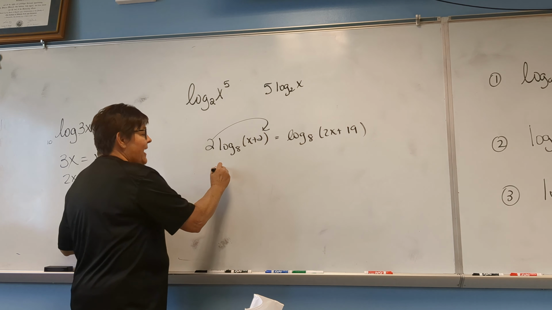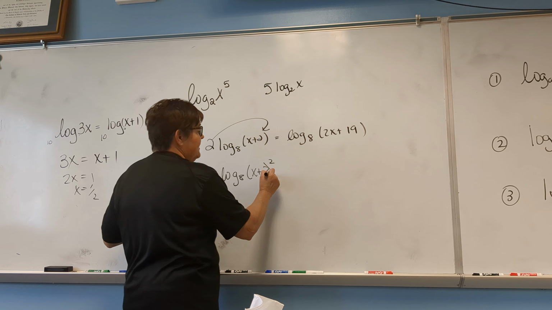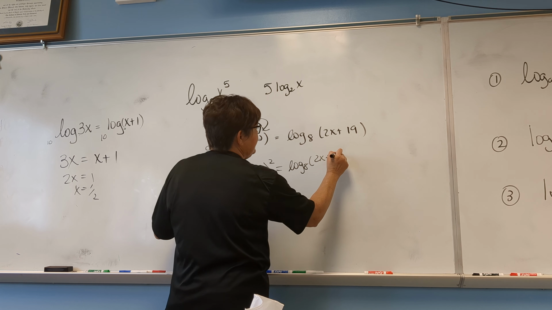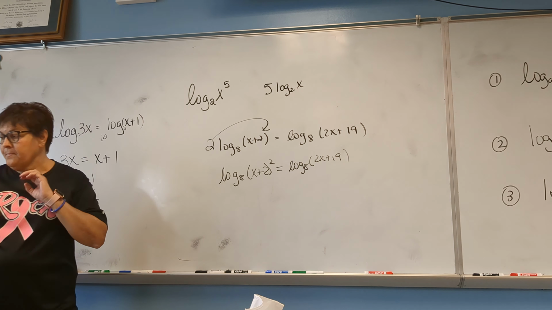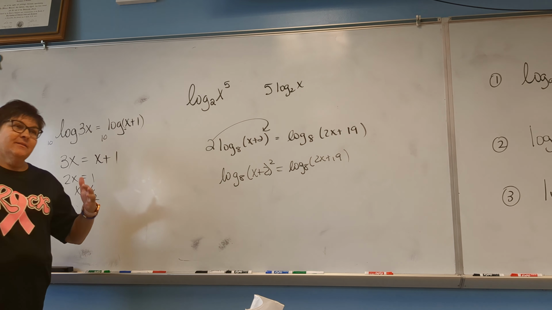So what I end up having is log base 8 of (x plus 2) squared equals log base 8 of 2x plus 19. Now, do I have log of the same base on each side? So now, literally, I can drop the logs on both sides.